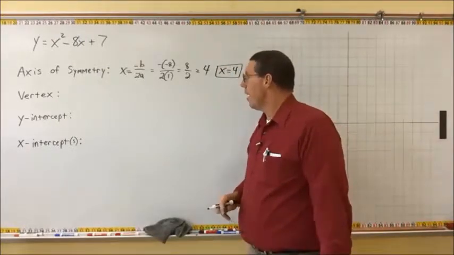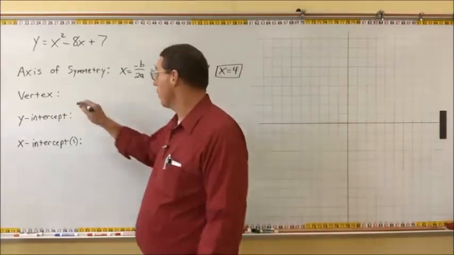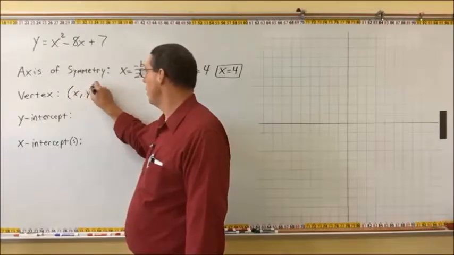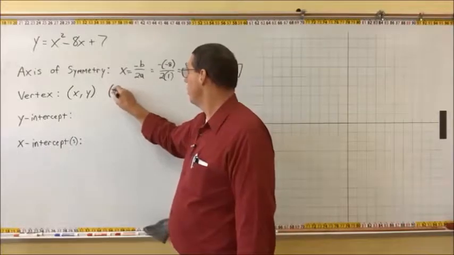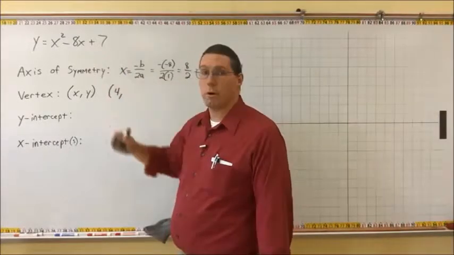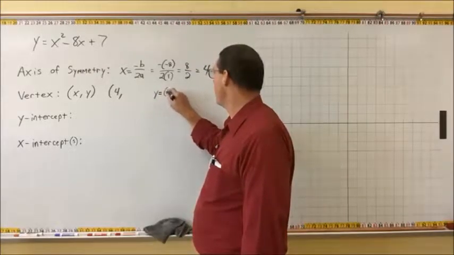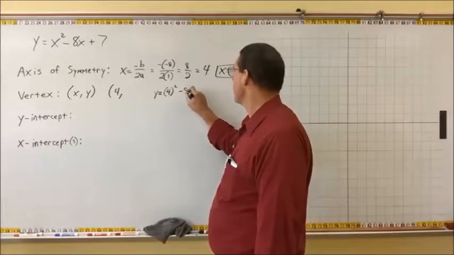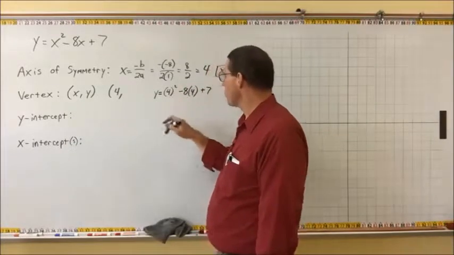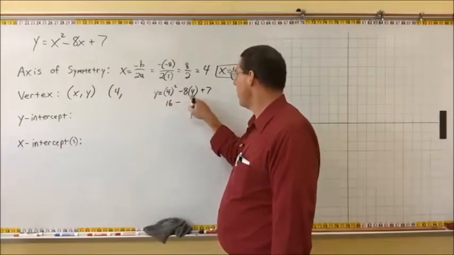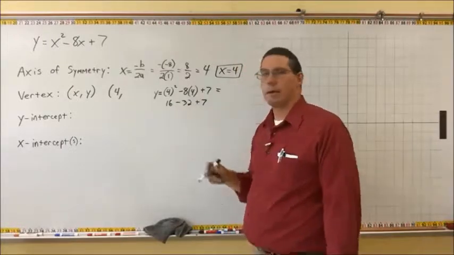All right? And now that we have the axis of symmetry, that'll help us identify the vertex, because the vertex is an xy coordinate where x is the axis of symmetry. So we're going to put a 4 here, and now we're going to plug 4 into the original function. So we're going to have y equals 4 squared minus 8 times 4 plus 7. 4 squared, that's 16, minus 8 times 4, that's 32, plus 7 is equal to 16 minus 32.